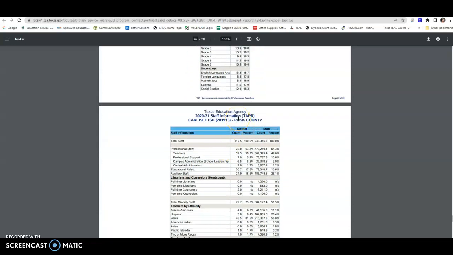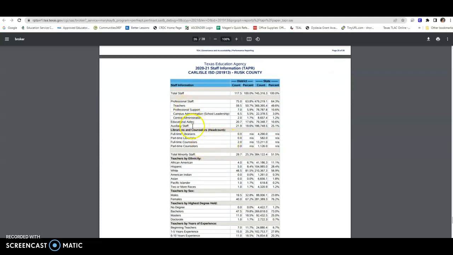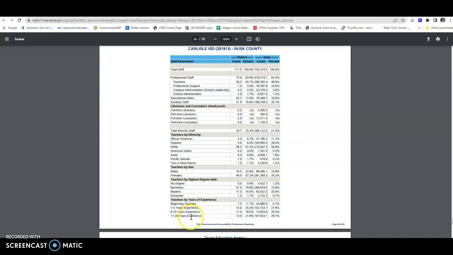Then you move down to the staff information section. This is important because it shows the representation of our staff. It highlights the years of experience, and this is important because it can help aid in specific professional development, especially for your novice teachers.